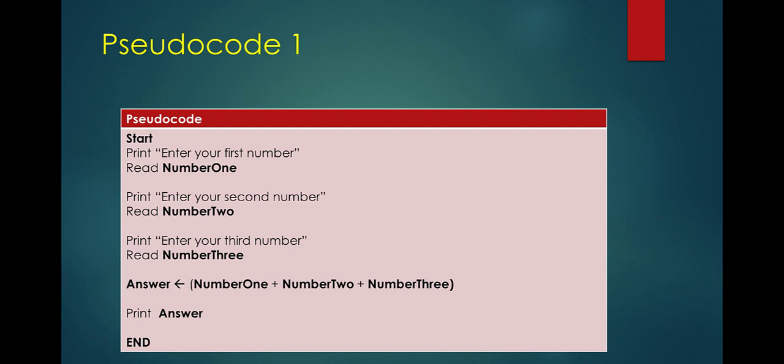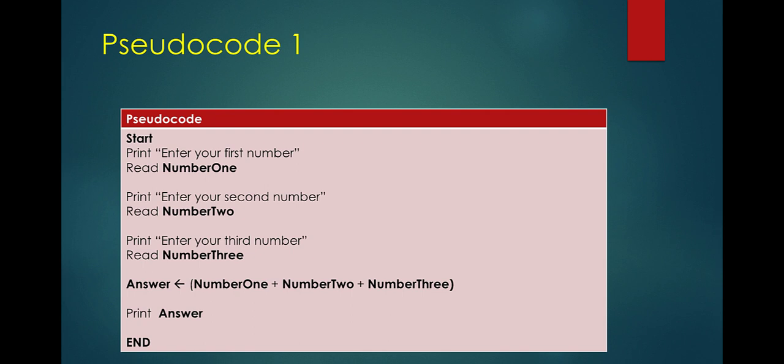We use print to prompt the user, or to output information on screen to the user. That information could be instructions, or it could also be a result of a computation.